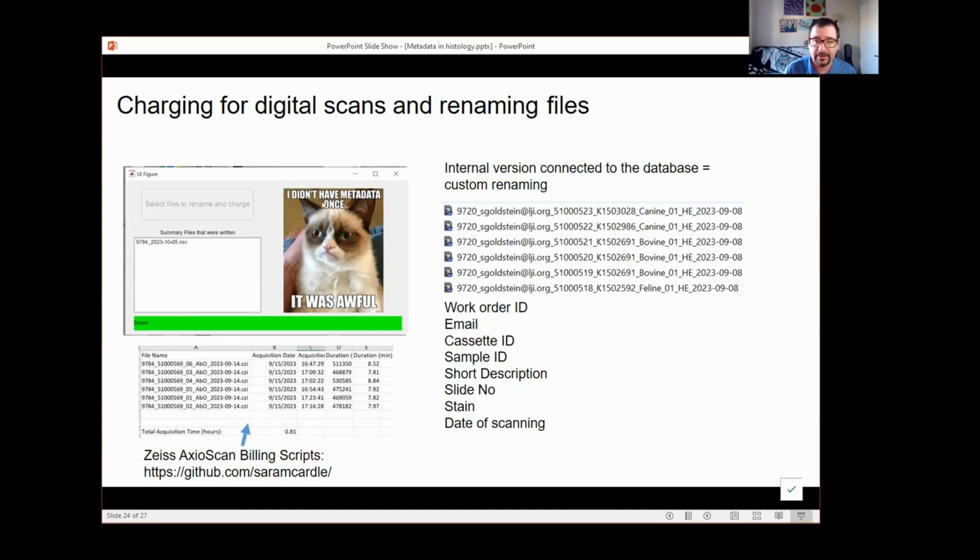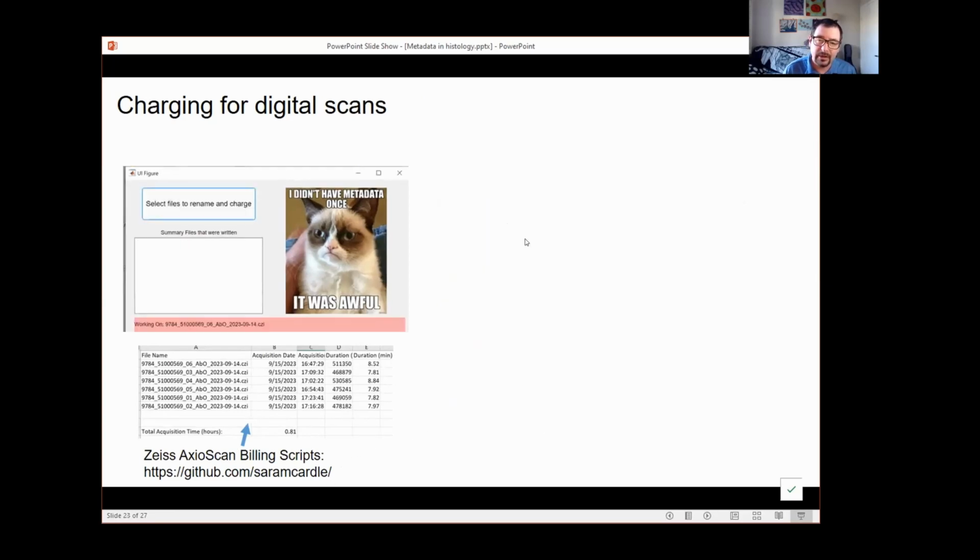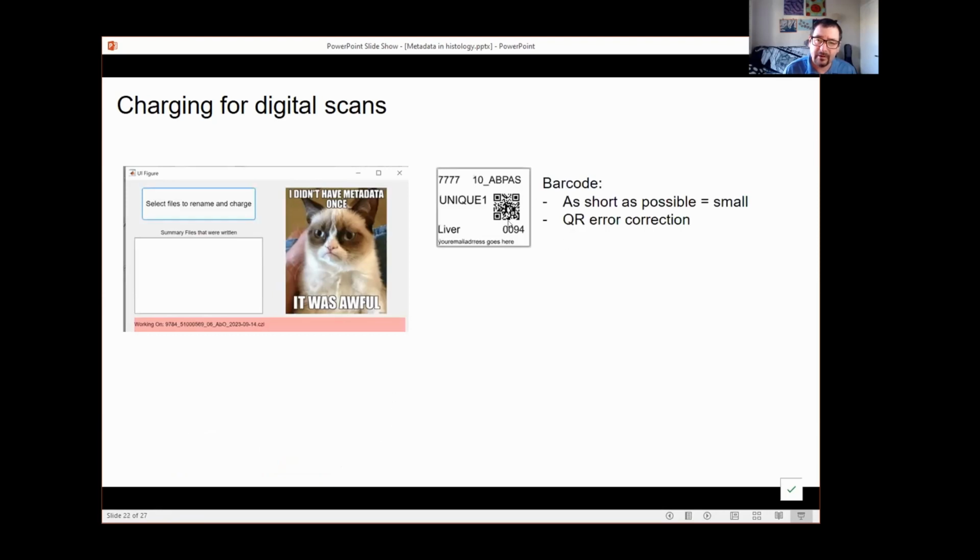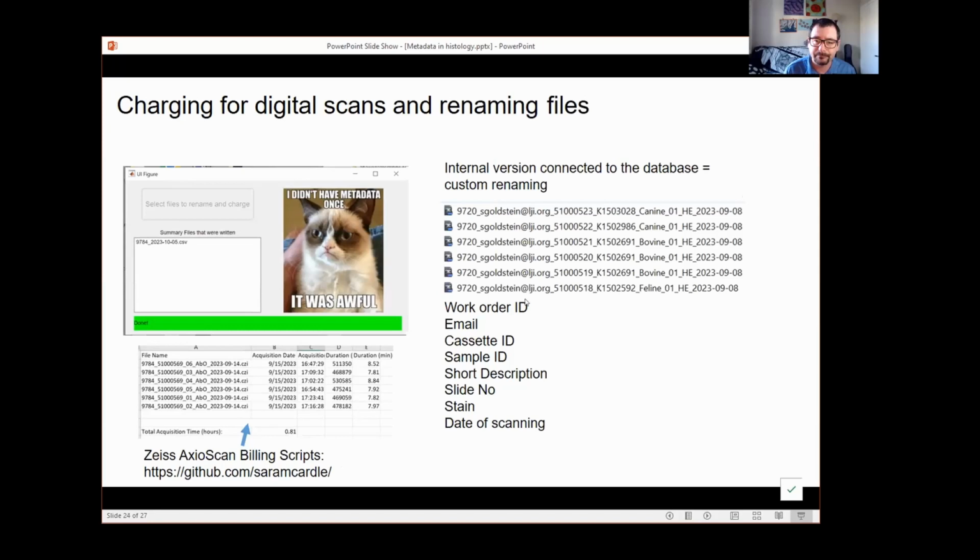Because we have this connected also to the database, we can do some custom renaming, and this script you can find on Sarah's GitHub page. This barcode is very short. It's as small as possible, and there's also some QR error correction enabled here.